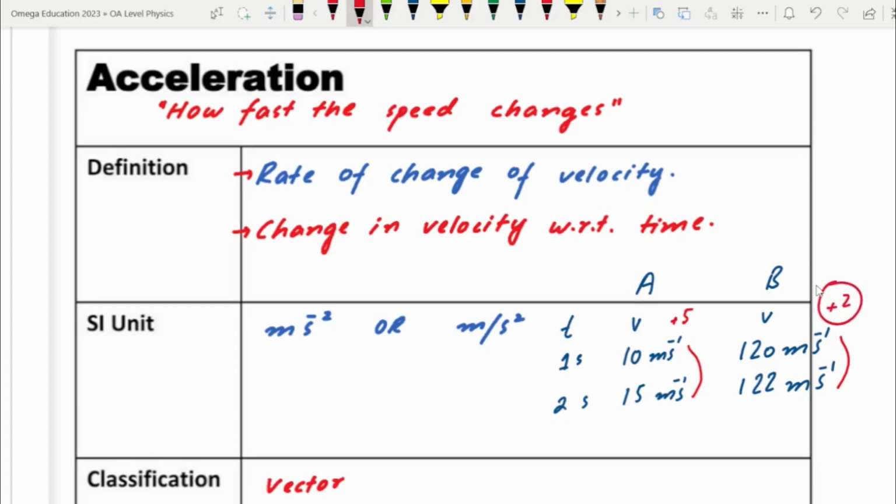The change is 2. The velocity increases by 2 units. Which one of these two objects has more increase in velocity over the same interval of time? It is the object A. So although the object B has higher speed, the change in speed is not high enough. So acceleration is higher for the object A.